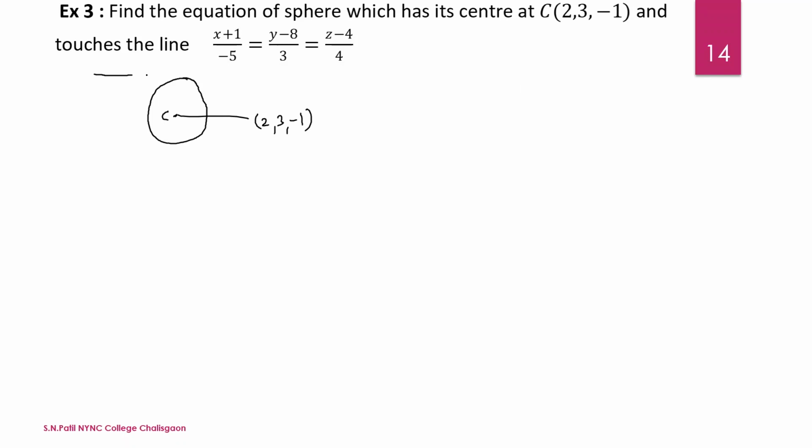Now, suppose this is the point of contact P of the line and the sphere. If we find the radius, then we can use the center-radius form and find the equation of the sphere.